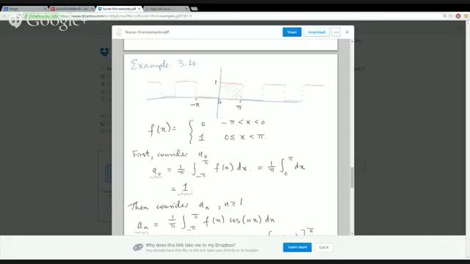Now, sine of 2m minus 1 times pi over 2 has a nice value, or values. There are two possible values of the sine of this, plus 1 or minus 1.